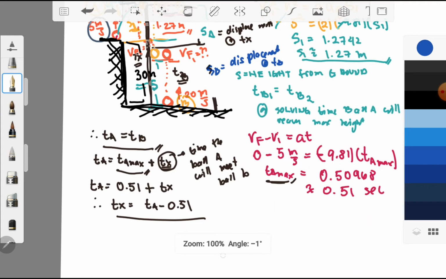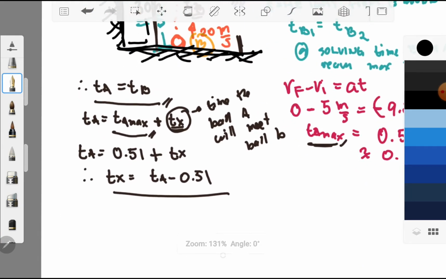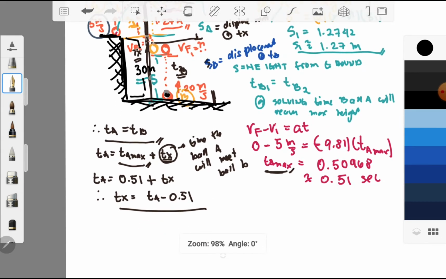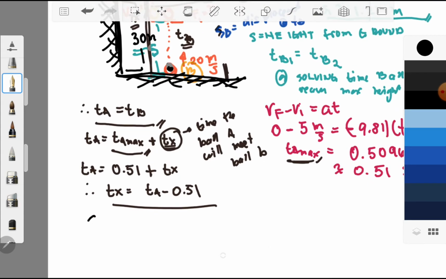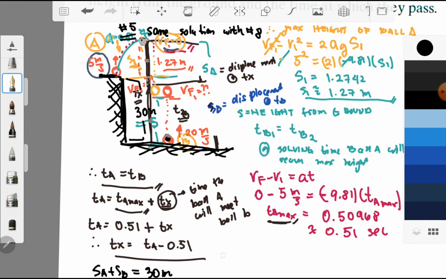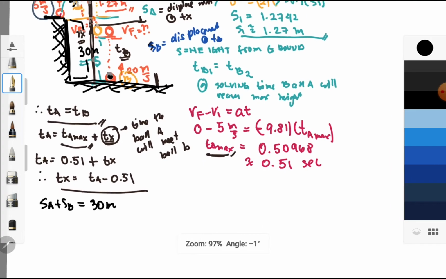Take note that your SA plus SB is the distance between your ball 1 and your ball 2, before they meet. So therefore, we'll have SA plus SB equal to 30 meters, plus the distance to maximum height, which is basically equal to 1.27 meters.